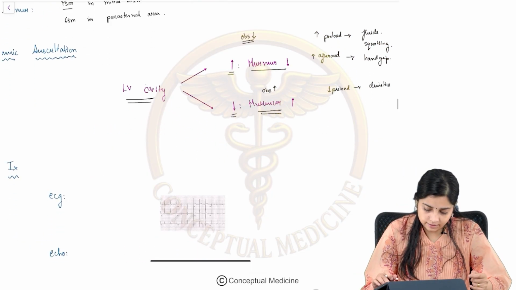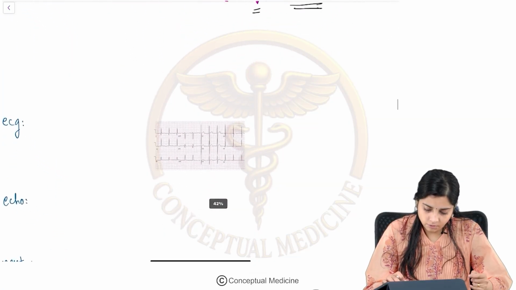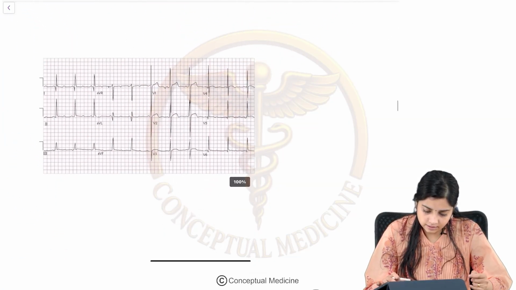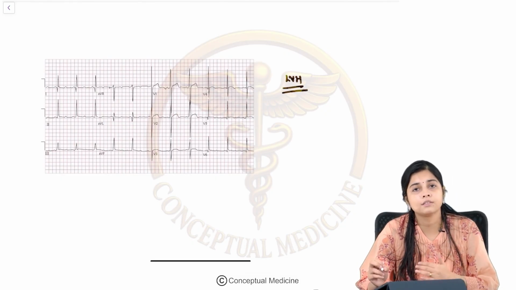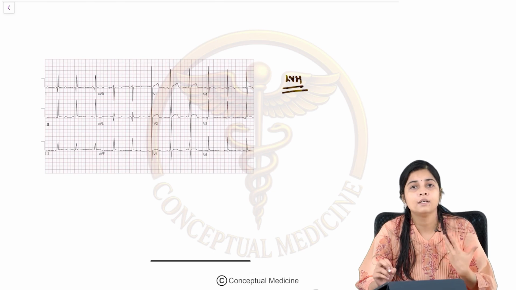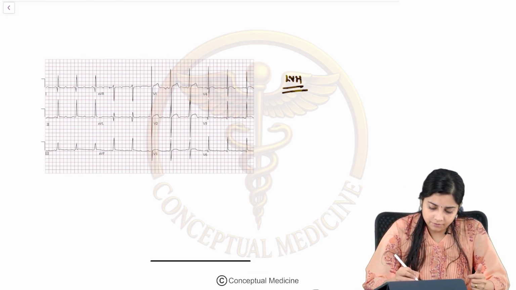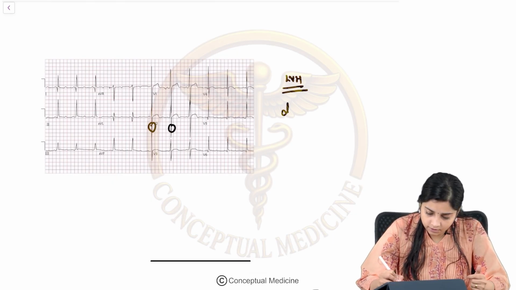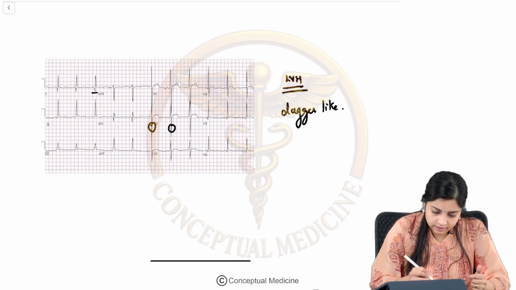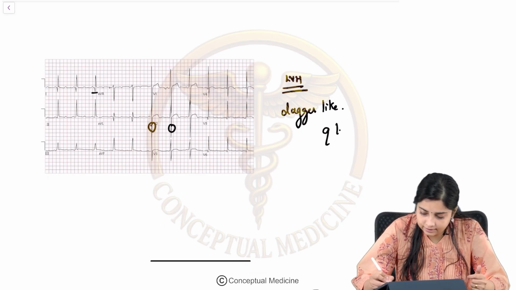Now let us look at the investigations. What do you see on the ECG? You see evidence of left ventricular hypertrophy because of the obstruction there is a pressure overload. Apart from that, you find these Q waves, which are called dagger-like Q waves, in the septal and lateral leads.